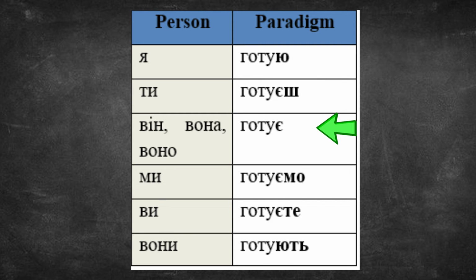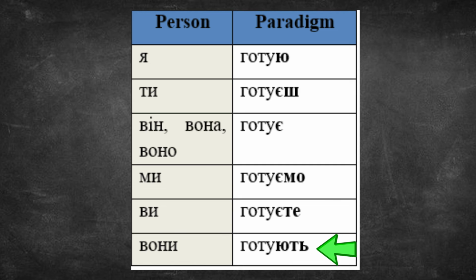Він готує, вона готує, воно готує, ending є. Ми готуємо, ending ємо, ви готуєте, вони готують, ють.